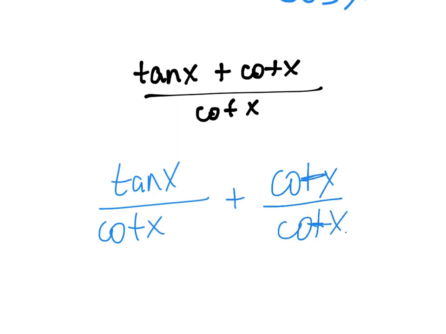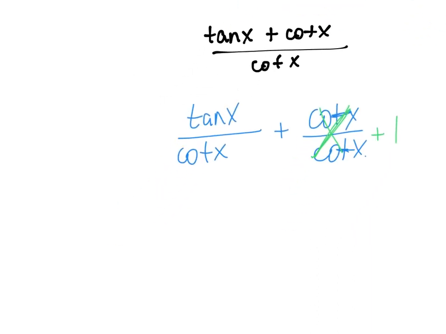Okay, now that I've separated it, what is real easy to simplify? Cotangent over cotangent. Yep. So this becomes plus 1. Agreed? All right, now there's two ways you can do this. What are the simplest trig functions that we have? Sine and cosine. So I always like to go that route.